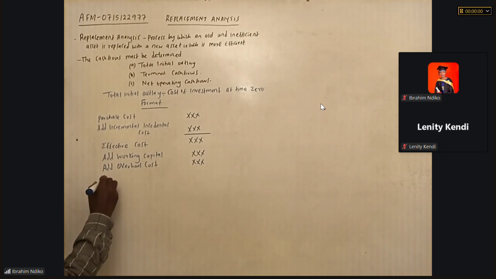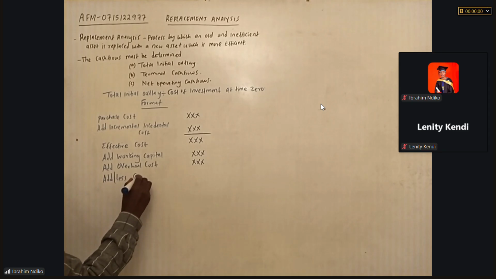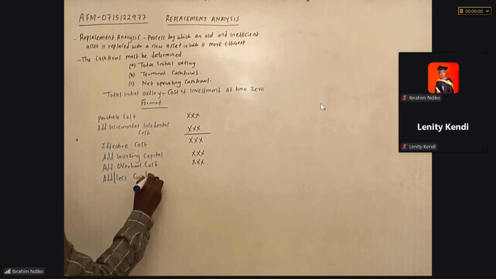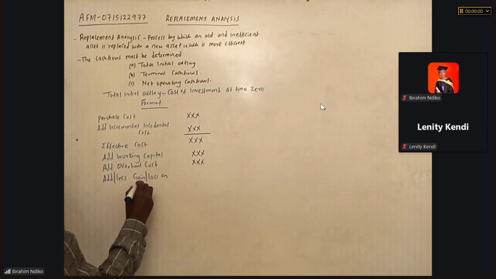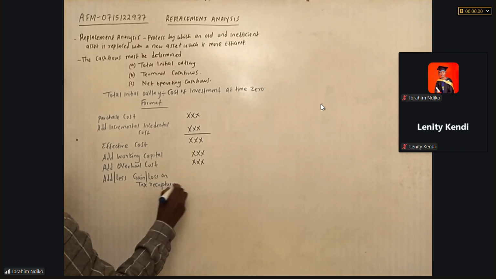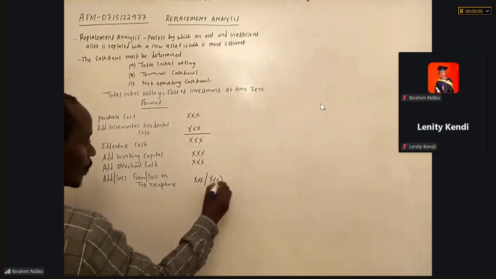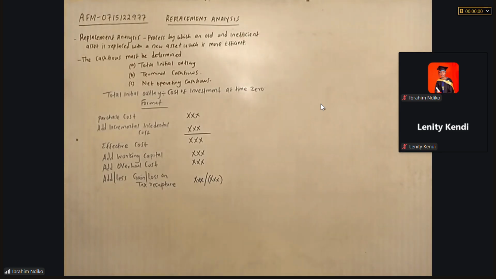Then we add or we less. This one depends. So gain or loss on tax recapture. It can either be a gain or a loss. So you either add a gain or we less a loss in tax recapture.